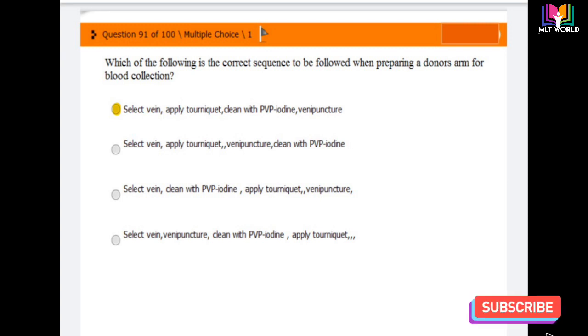Third option: select vein, clean with PVP iodine, apply tourniquet, and vein puncture. The last option: select vein, puncture, clean with PVP iodine, apply tourniquet. The correct answer is the first option: select vein, apply tourniquet, clean with PVP iodine, and vein puncture.